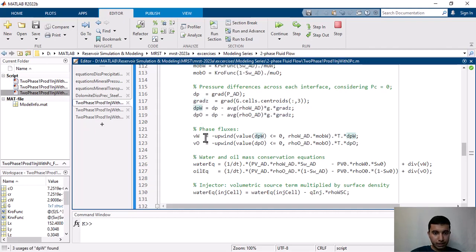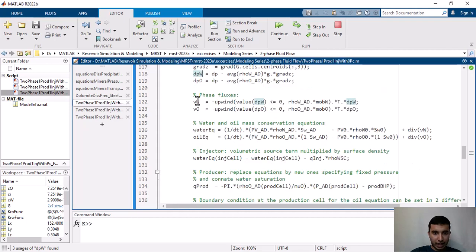And here I have calculated the water flow rate and the oil flow rate, which is the Darcy equation. You already know that. I've used the Darcy equation to calculate the water flow rate and the oil flow rate. As you see, the density of water is multiplied by mobility of water times transmissibility times pressure gradient.